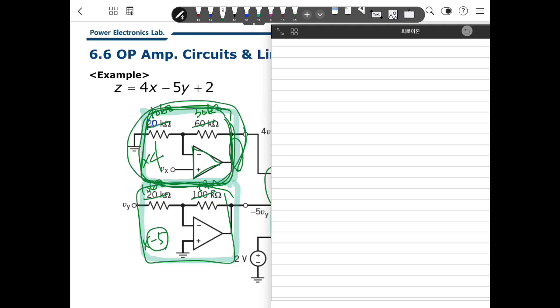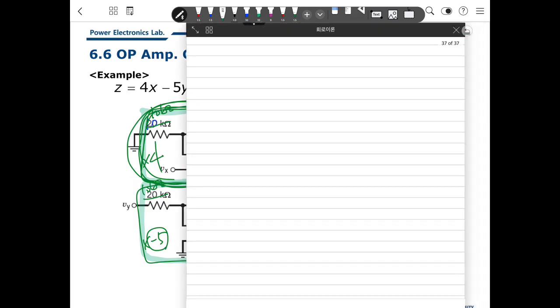So I will try to solve that problem here. This is a very simple inverting amplifier. Here, minus, plus, and ground.